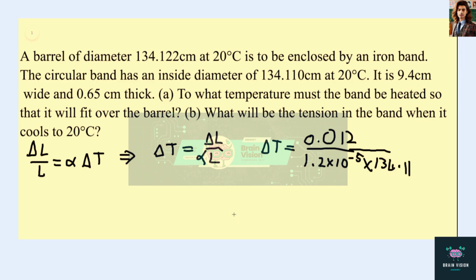Plugging this into a calculator, we get the delta T. So this is the answer for part A. Delta T is equal to 7.46 Celsius.